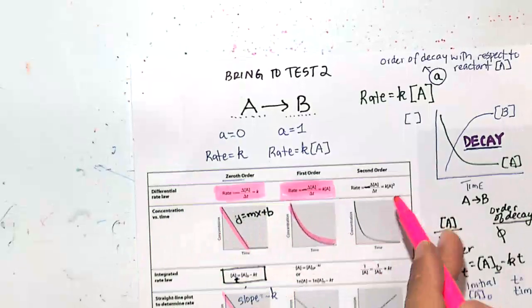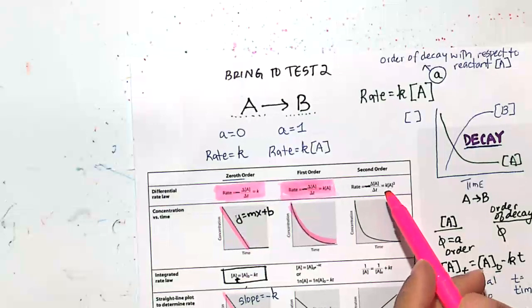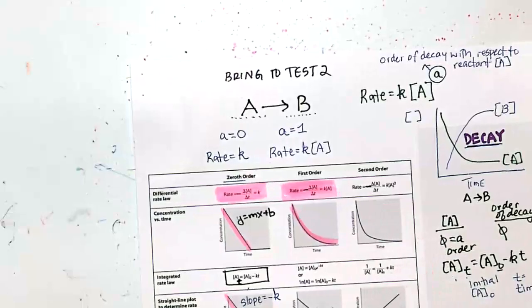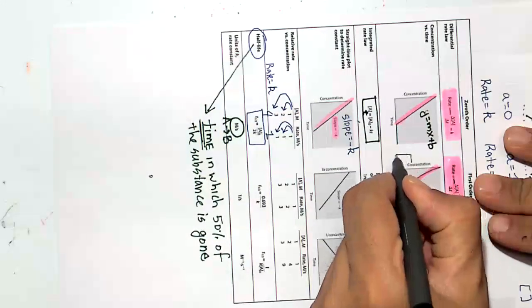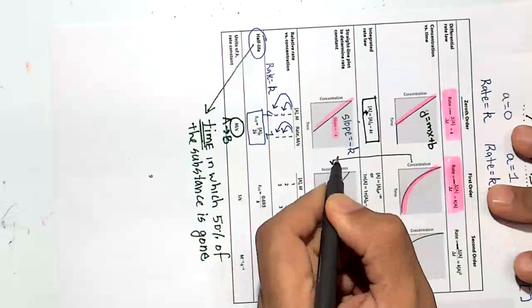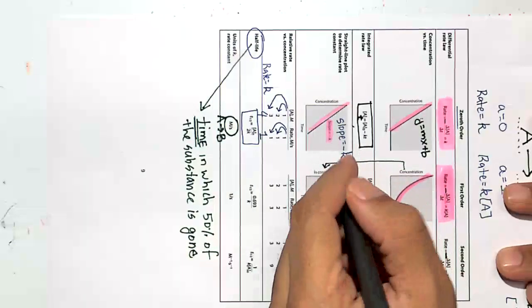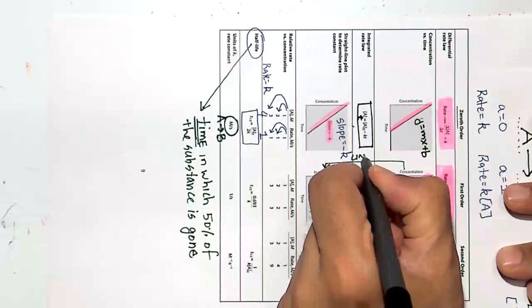Okay, so the problem is that this is hard to analyze mathematically. So what do you do? You do what's called in math a transform, a linear transform. You have to somehow convert this to a line, y equals mx plus b.